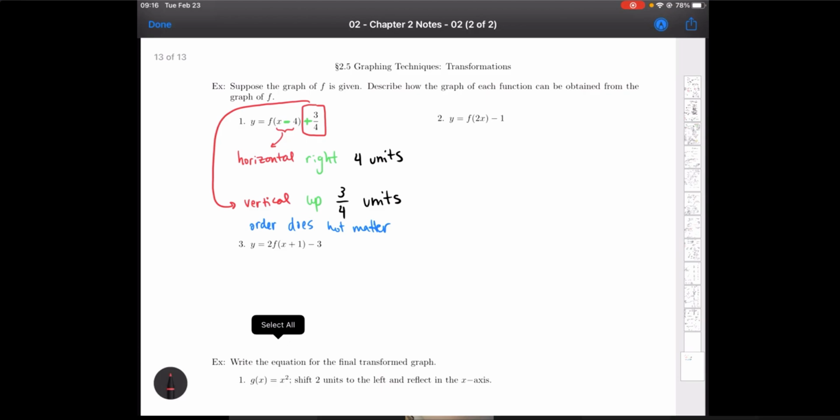Right, so we have something inside and we have something outside. We know that the inside is horizontal and we know that the outside is vertical. Now, what is the operation on the inside telling us? You get 2x.